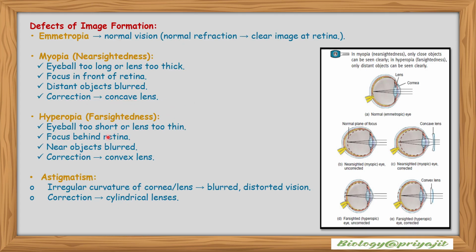Hyperopia or farsightedness, when the eyeball is too short or the lens becomes too thin, so focus is positioned behind the retina, near objects are blurred, and it is corrected by convex lens. Astigmatism, irregular curvature of cornea or lens, gives blurred or distorted vision, and correction is by means of cylindrical lenses. This is normal plane of focus, this is concave lens, and it is nearsightedness or myopia.